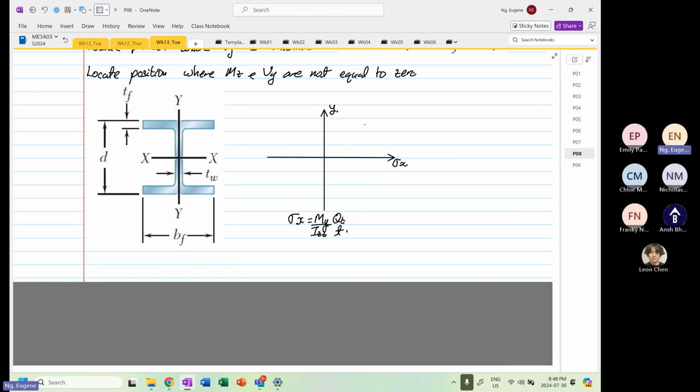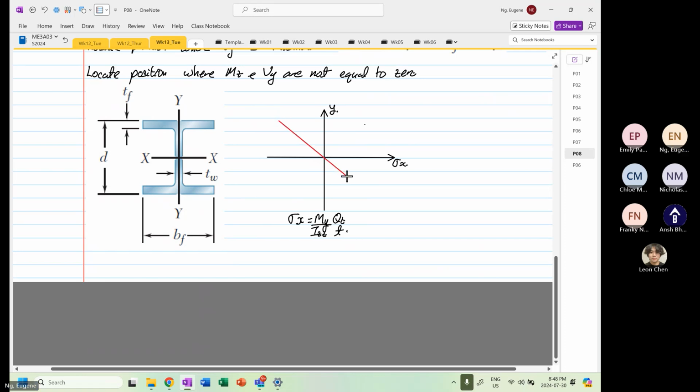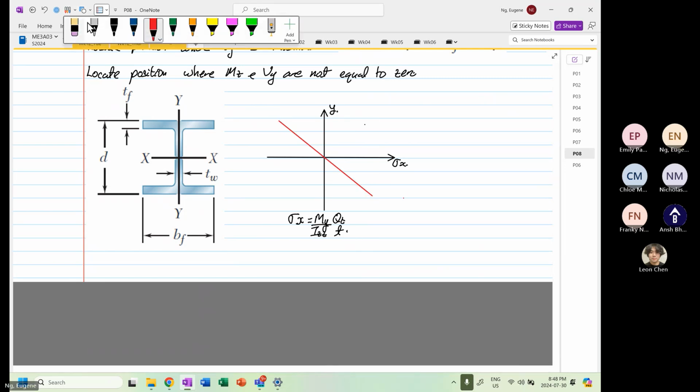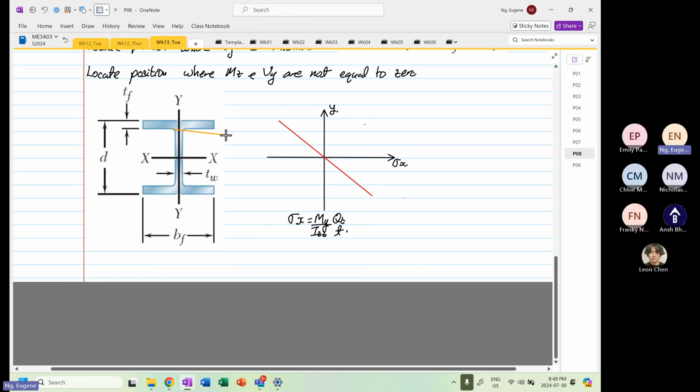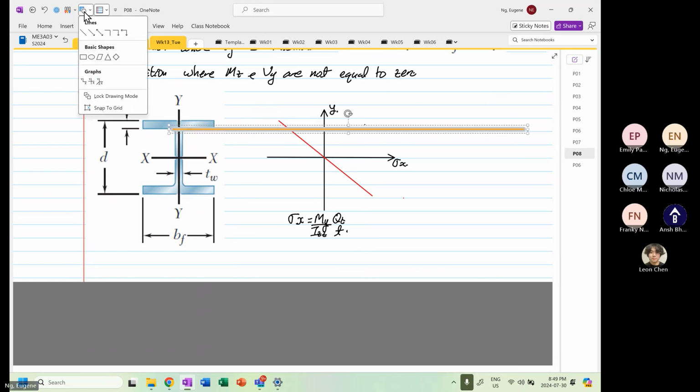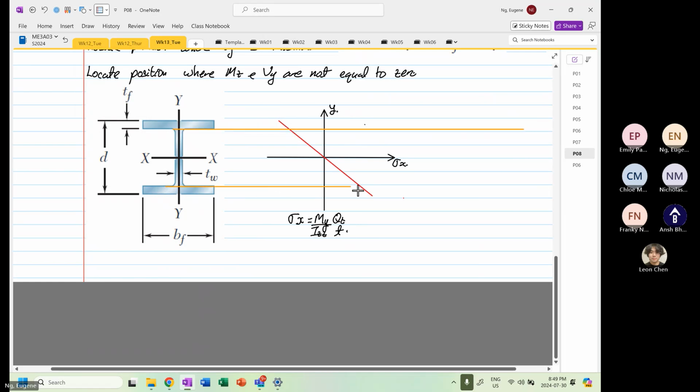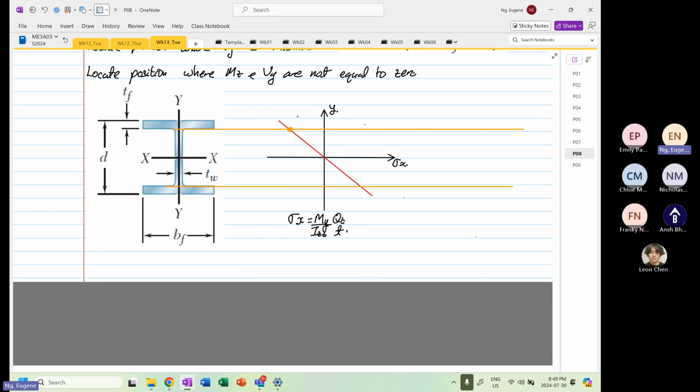This is our Y. Okay, so I'm going to assume that the top is in compression, the bottom is in tension. We realize that we get this trend. Okay, so the point of interest for us is along this line. Okay, the junction, right? This is our point of interest. We want to know what is this value over here.